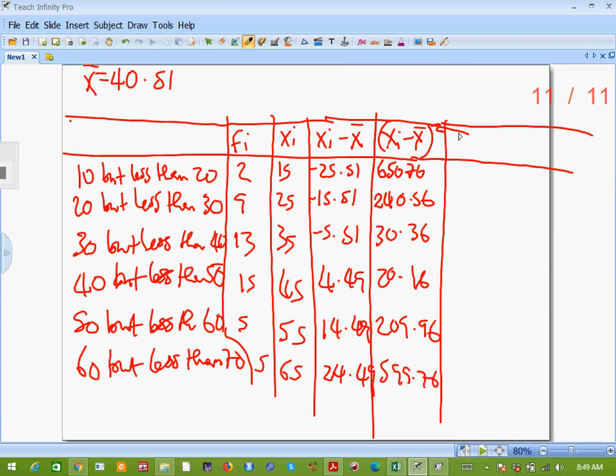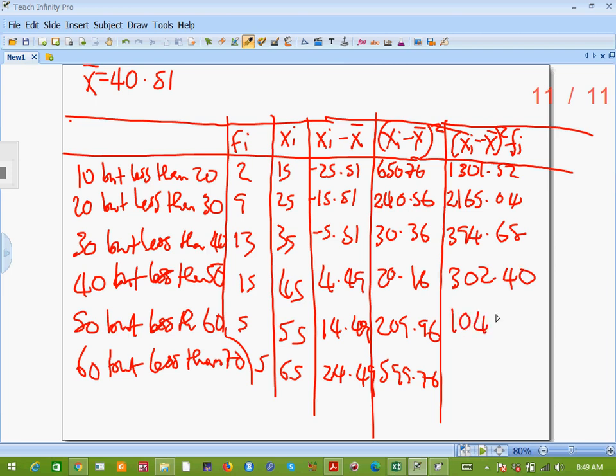Okay, then finally we take the midpoint minus x bar, squared, then multiply by fi. Remember, we are looking for the sum. So there we have 1301.52, 2165.04, 394.68, 302.40, 1049.80, and 2998.80.